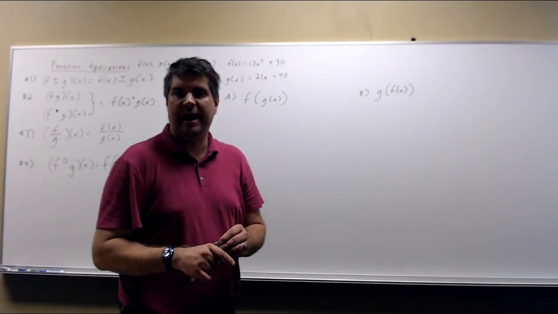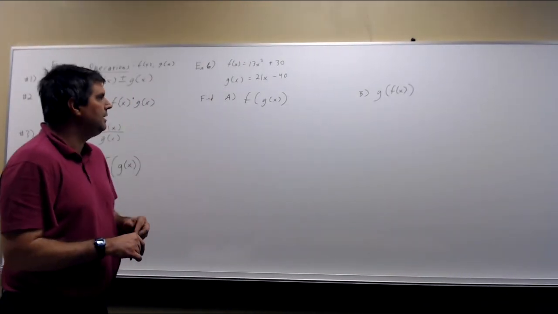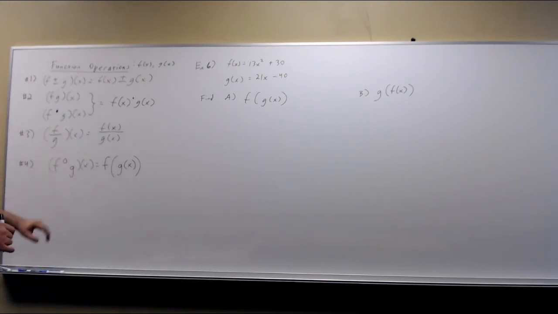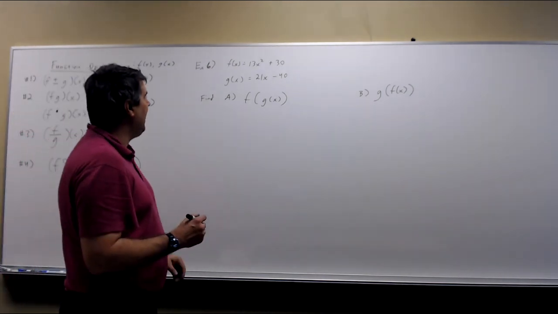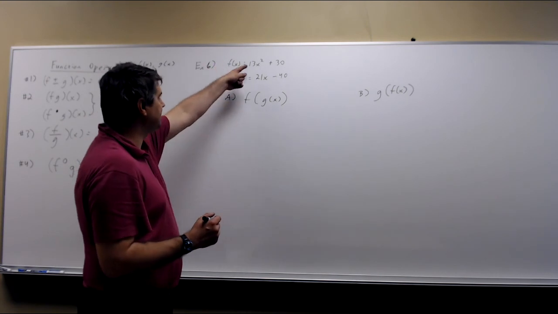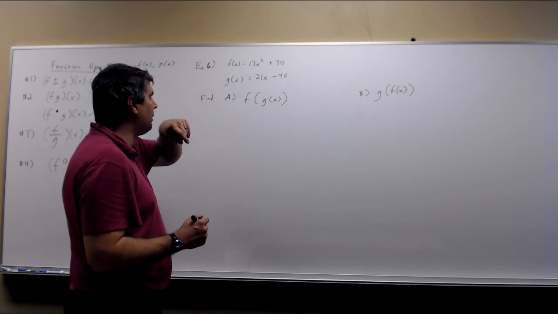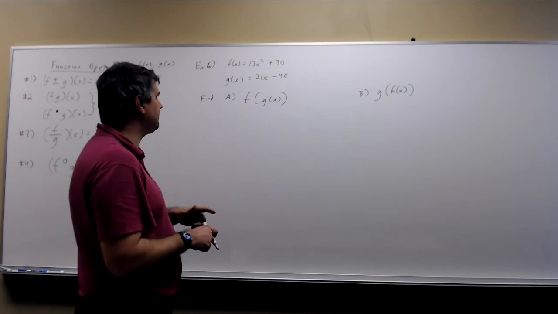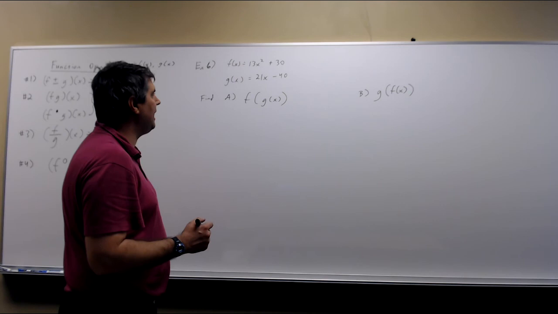All right, I have moved the computer, and once again, these are the reminders of what everything means. Example 6, I got f of x equals 13x squared plus 30, and g of x is 21x minus 40.